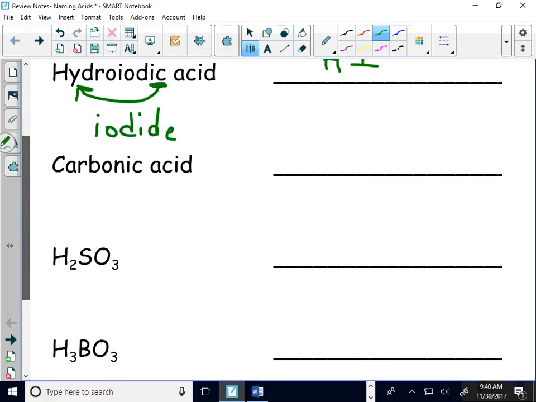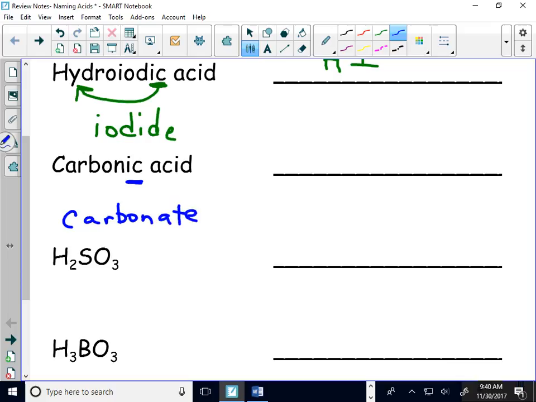Here I've got carbonic acid. I see 1 or 3. Which one is this? 3, because there's no hydro. So that tells me, what is my ending? ATE. So I'm dealing with carbonate, right?